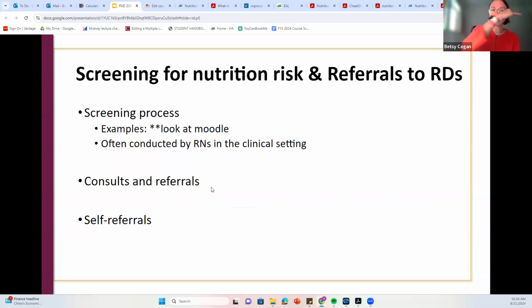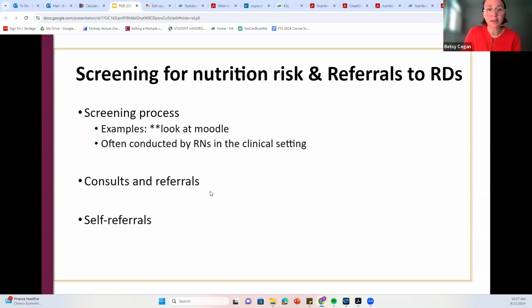So that first part that pings dietitians to doing the NCP, right, is through a screening process. So we may be referred, we may be pinged due to some sort of screening. And so in the clinical setting, right, we could be asked to do an assessment due to an identified malnutrition risk.